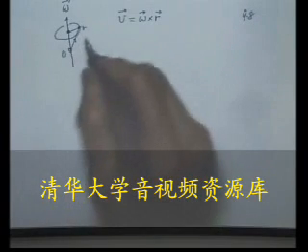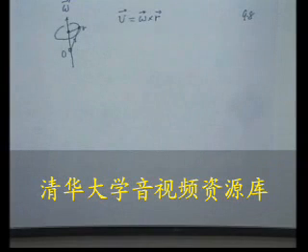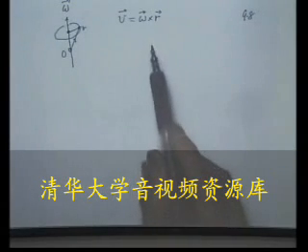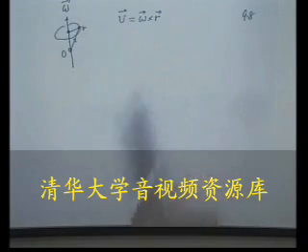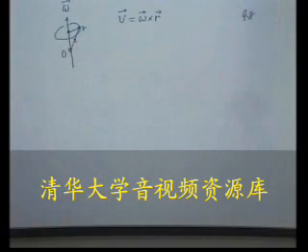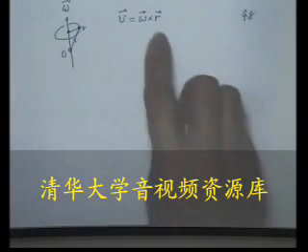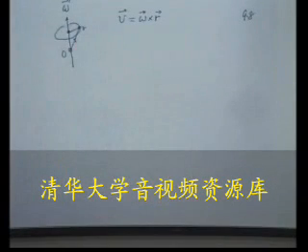The direction of motion of this point is the tangent of that circle, and that's exactly the direction of omega cross r, because omega cross r is perpendicular to the omega-r plane, and therefore omega cross r is in the direction of the tangent to that circle.